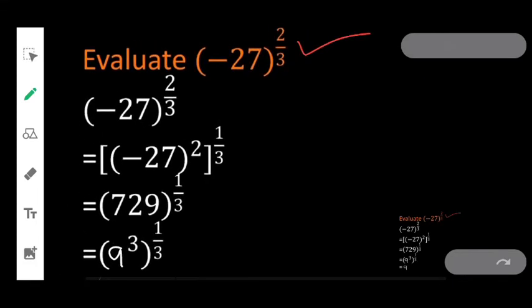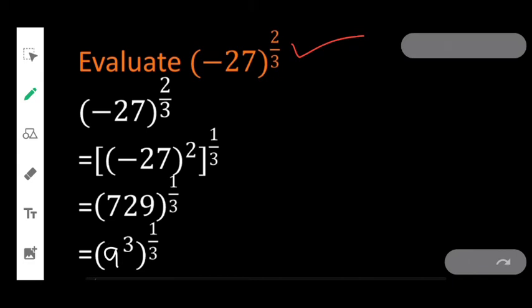So this 2 by 3, we can write 2 by 3 as 2 into 1 by 3. So (minus 27 to the power 2) whole power 1 by 3. Let's check 2 into 1 by 3 here.